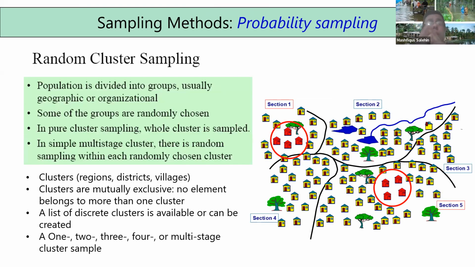Random cluster sampling differs from stratified sampling here. You divide your population into groups, usually different geographic or organizational groups, and then you select the groups randomly.